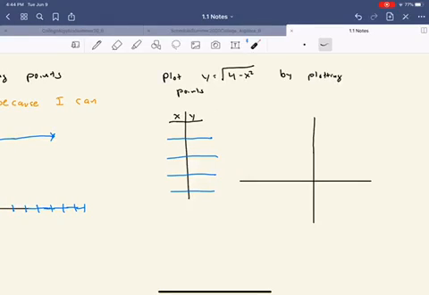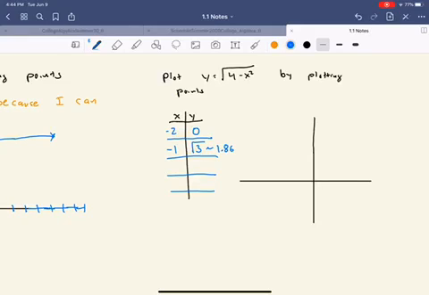Okay, so let's start. Well, a nice value for x that I could start with is negative 2. Okay, if I plug negative 2 in for x, negative 2 squared is 4. 4 minus 4 is 0, so I'll get the square root of 0 is 0. Negative 1. If I plug that in, I get the square root of 3, which is approximately 1.73.